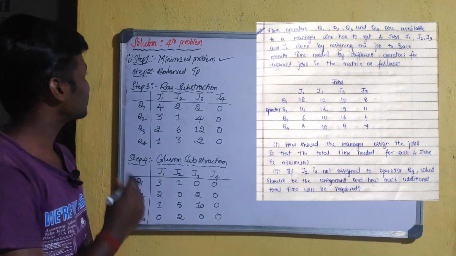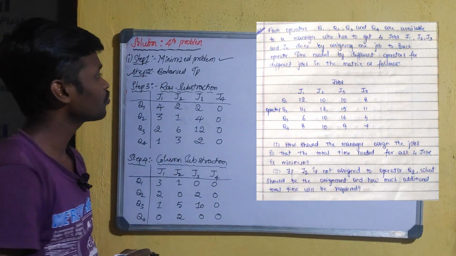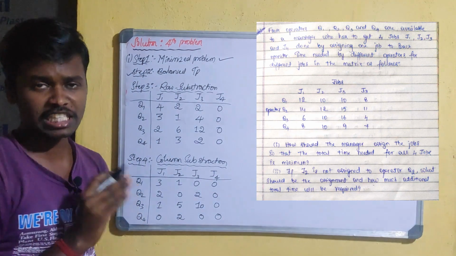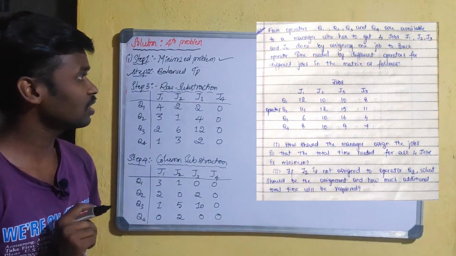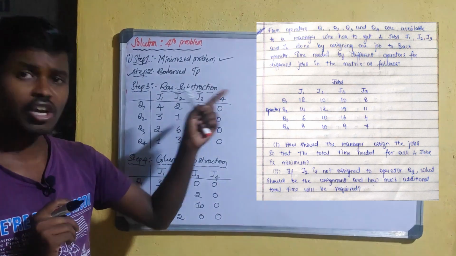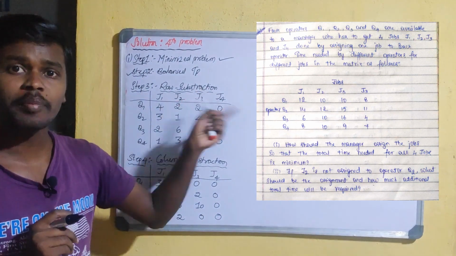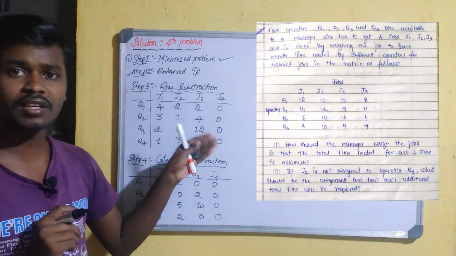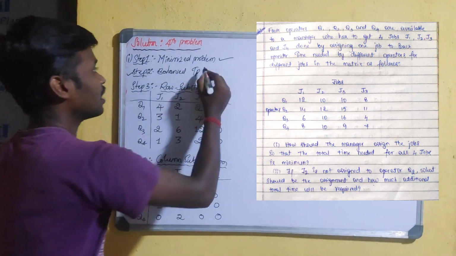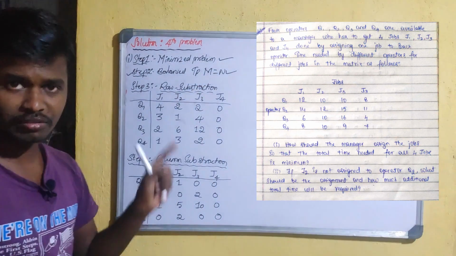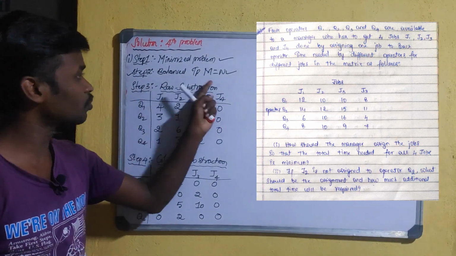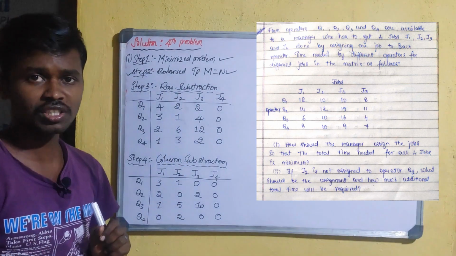Next, the second step: we have to confirm whether the given transportation problem is balanced or not. The number of jobs and the number of operators are given. There are 4 operators and 4 jobs. Hence, M is equal to N. Therefore, we confirm that the given problem is a balanced transportation problem.